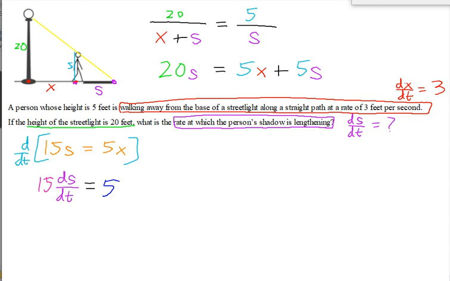Again, the variables don't match up. And then after you take the derivative, you can substitute in what we know. We know dx/dt is 3. So we have 15 times ds/dt equals 5 times 3.